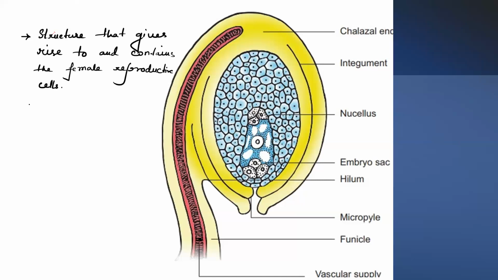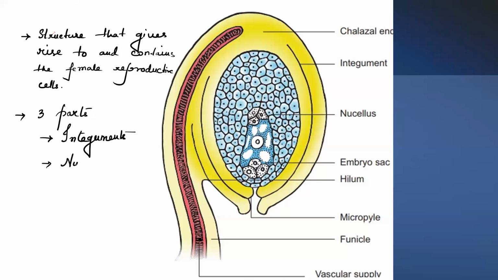The integuments, which form the outer layer. Then comes the nucellus.